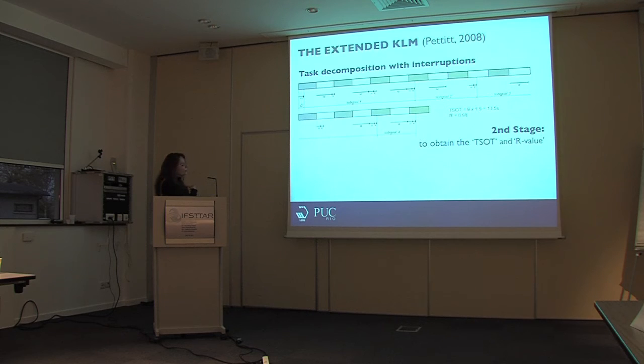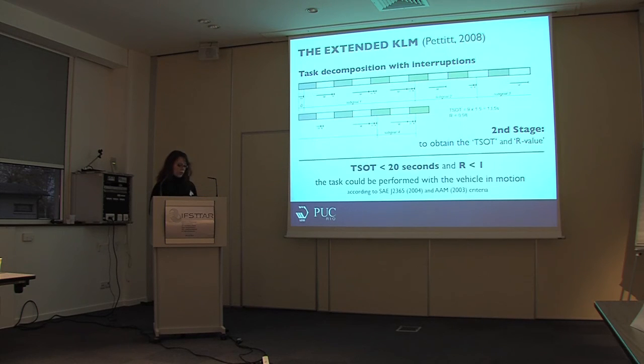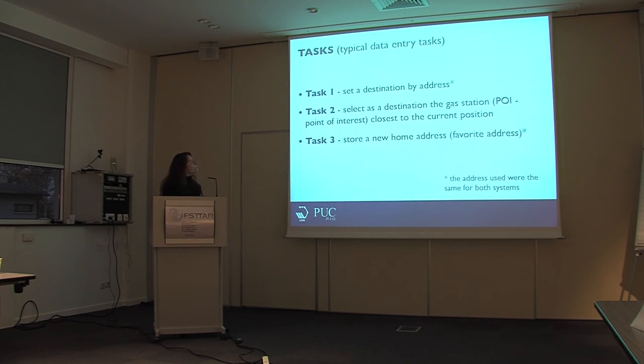The rectangles in gray are the occlusion intervals, and the rectangles in white are the vision intervals. So after that distribution, you can obtain the total shutter open time and the R value in this second stage. So if the total shutter open time is less than 20 seconds and the R value less than 1, the task could be performed with the vehicle in motion, according to some American guidelines.